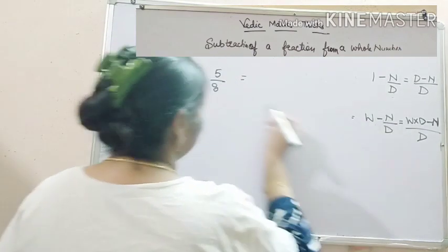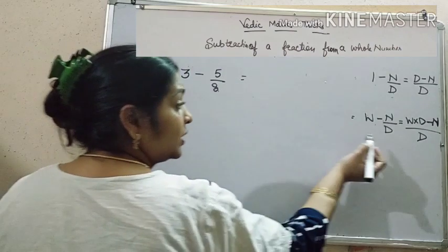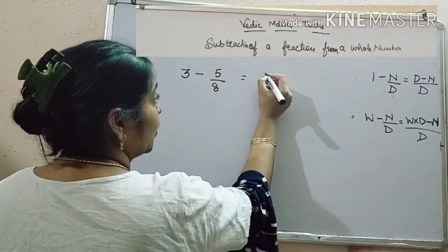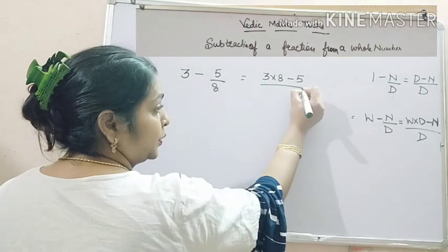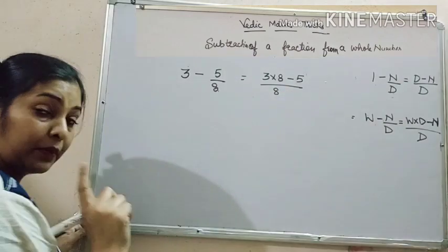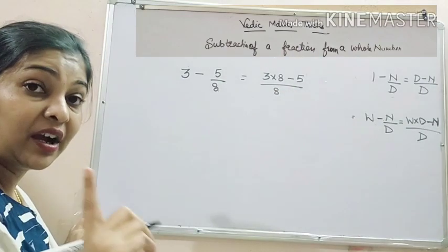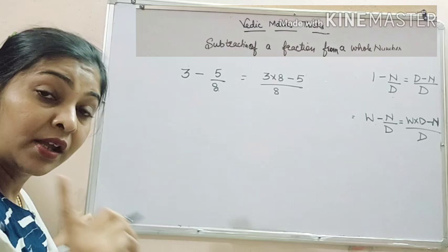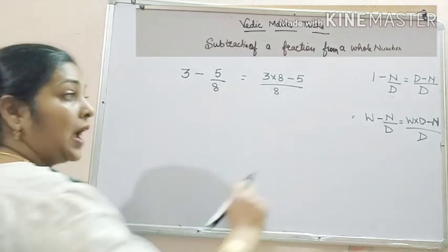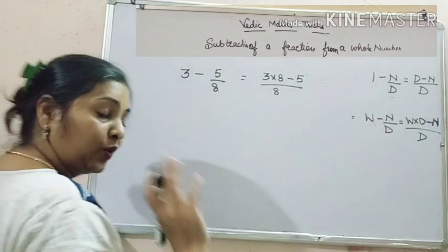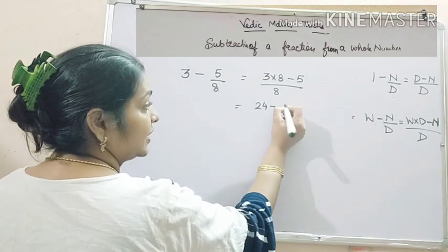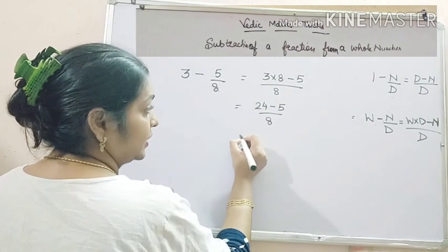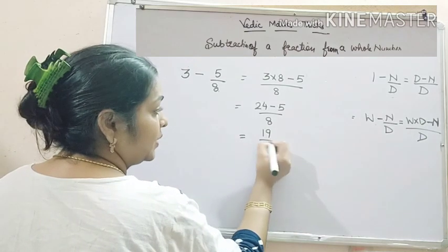Whole number minus numerator upon denominator. So it will be whole number into denominator minus numerator. But remember, in this case we can't use the concept of mixed fraction. You have to use these formulas only. So 3 8s are 24 minus 5 by 8. That is equal to 19 by 8.